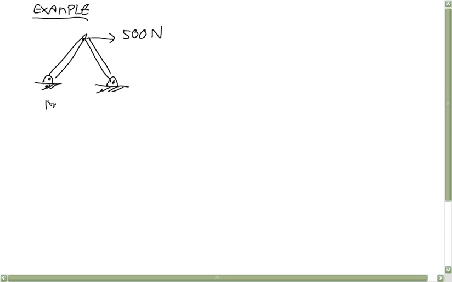And this is an equilateral triangle, so all of these are 1 meter.